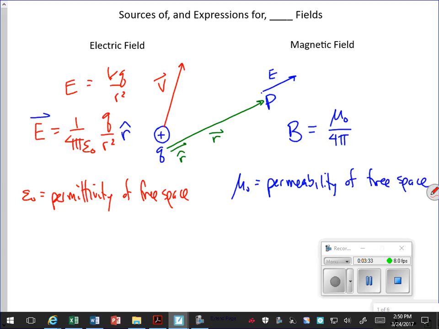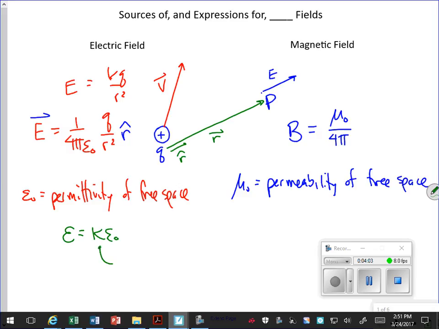I sure wish I had written vacuum permeability and vacuum permittivity. Those are about the ease with which fields exist in, in this case, a vacuum, or are created in a vacuum. And different substances, as you know, like dielectrics, have electric permittivities equal to kappa times epsilon naught, where kappa is the dielectric constant.